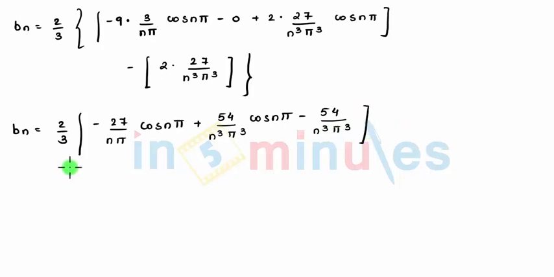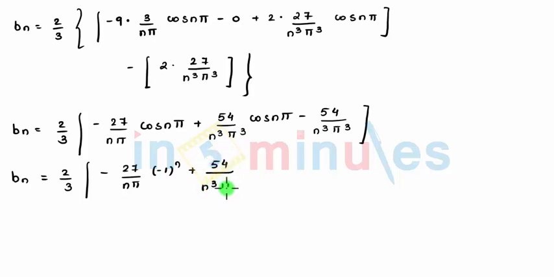So we can write here bn comes to be 2 by 3, minus 27 divided by n pi, minus 1 raised to n. From here we can take common, that is plus 54 divided by n cube pi cube, and this comes to be minus 1 raised to n minus 1.